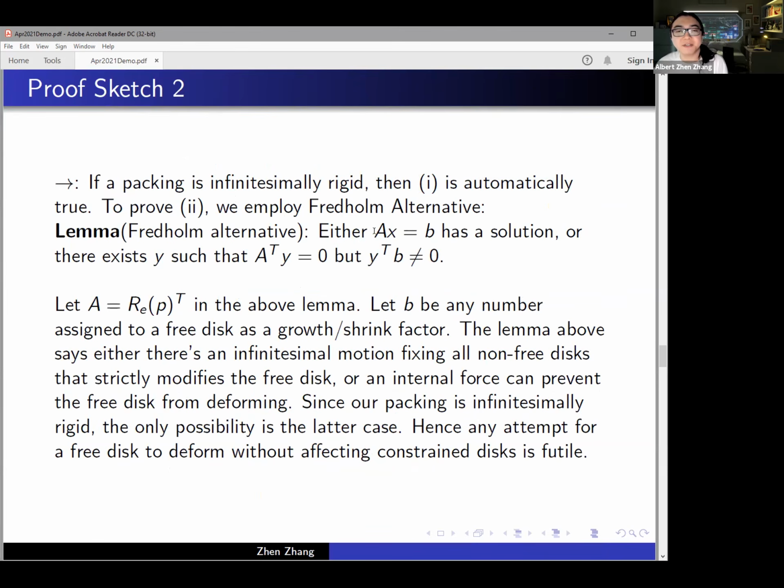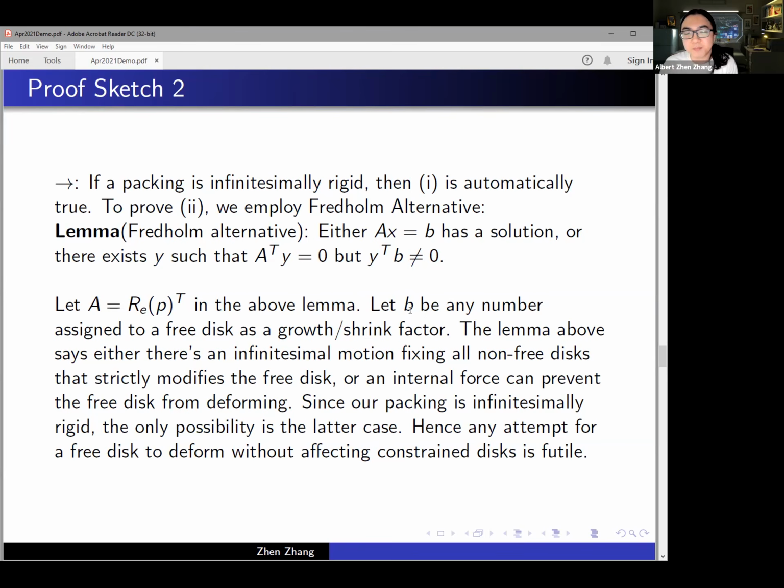This is a lemma that says either Ax equals b has a solution, or there exists a y such that A transpose y equals 0, but y transpose b is not 0. Then we let A equal the transpose of our extended rigidity matrix. Let b be any number we assign to one of the free disks.